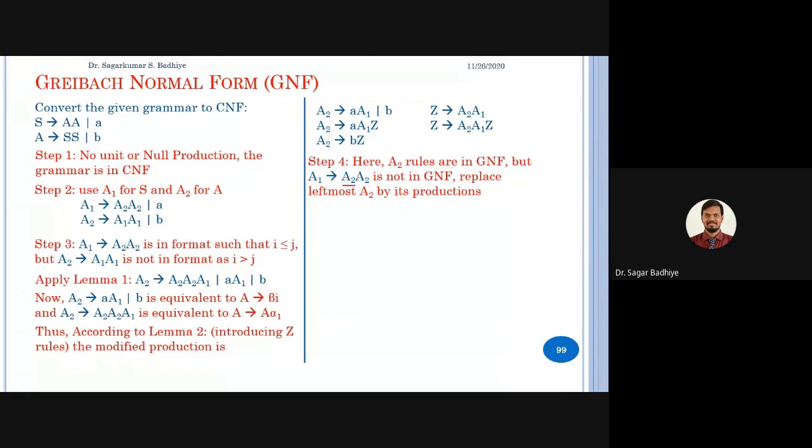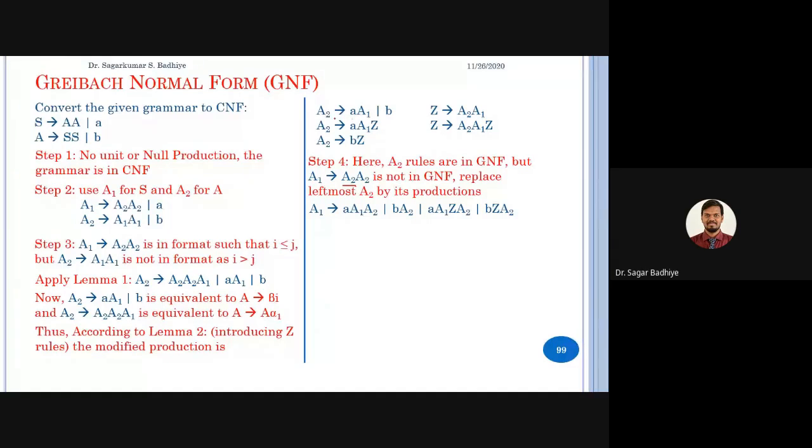But then we need to apply lemma 2 or lemma 1 so as to convert it to GNF. For GNF this should be replaced by a terminal, and we know that all the A2 rules are in GNF. So we'll simply replace the first A2 in the right hand side by all these rules and keep the last A2 as it is, right?